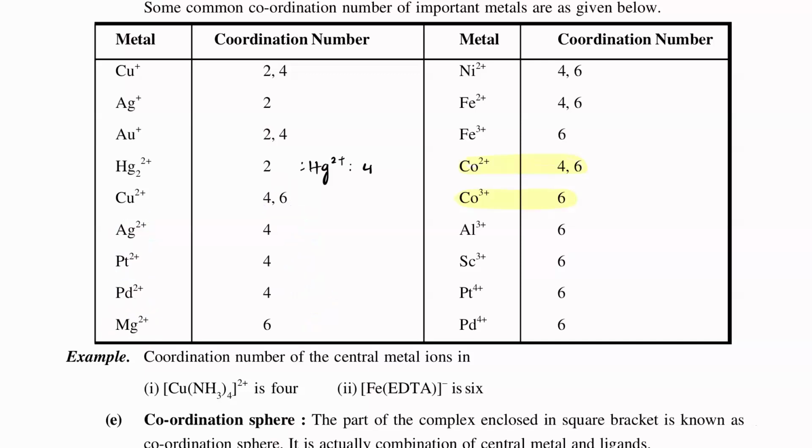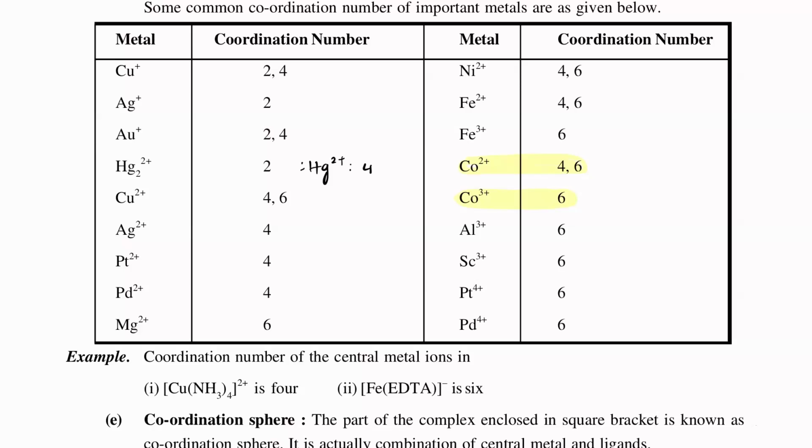If it is Pt plus 4, it can go to 6. Cobalt plus 3 always offers 6. Cobalt plus 2 offers 4 and 6. Iron plus 3 always has a coordination number of 6, plus 2 will have 4 and 6. Nickel plus 2 will have 4 and 6. And these are very common metals which form the maximum number of complexes. That's why this list of coordination numbers is important for us.